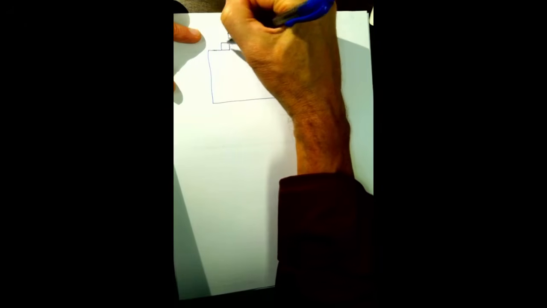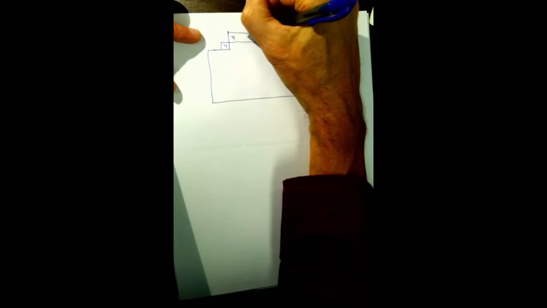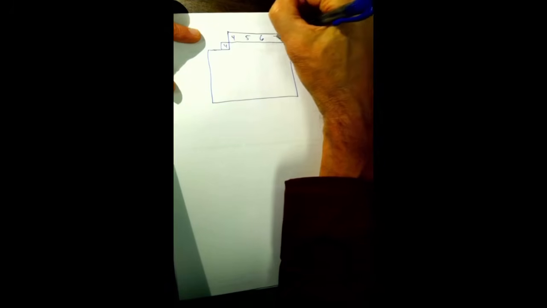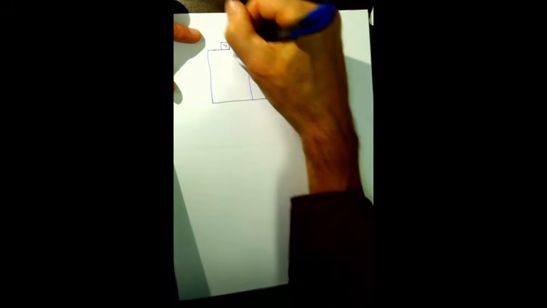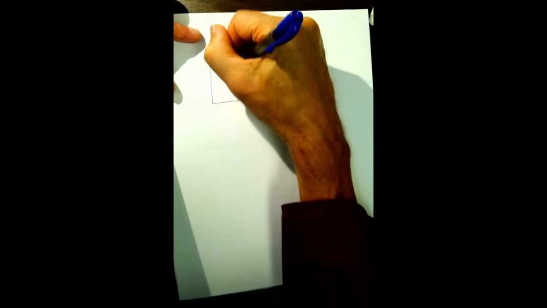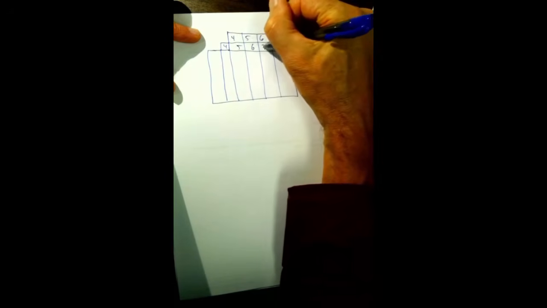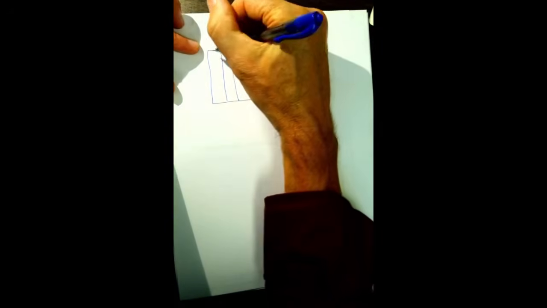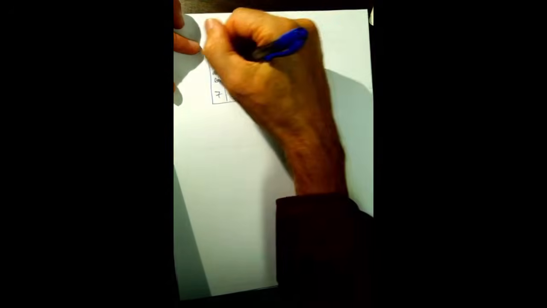So I'm going to be careful here. So I could have gotten a 4, 5, 6, or 7. So I could have gotten any of these things.